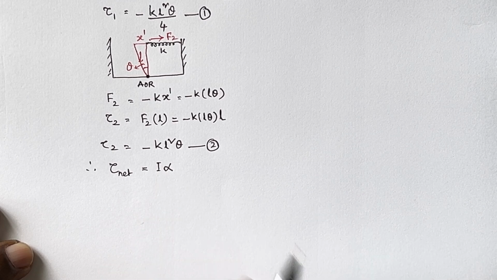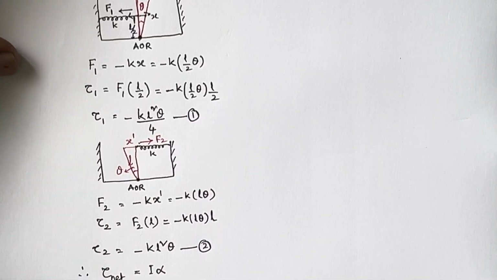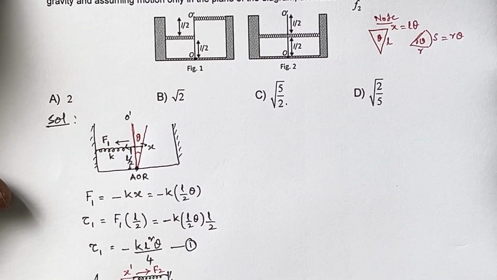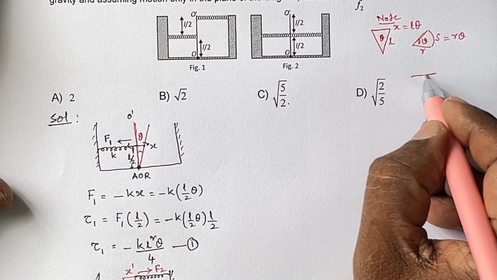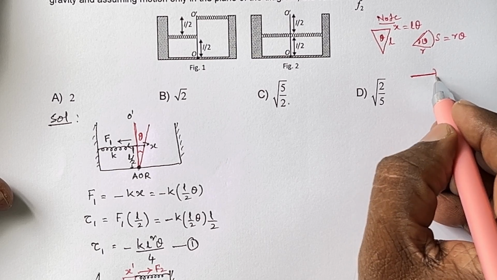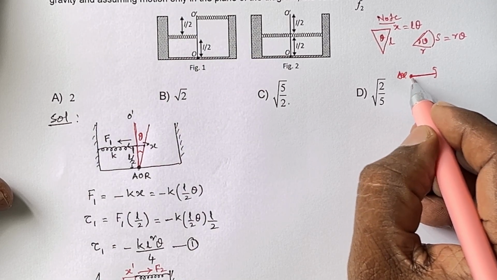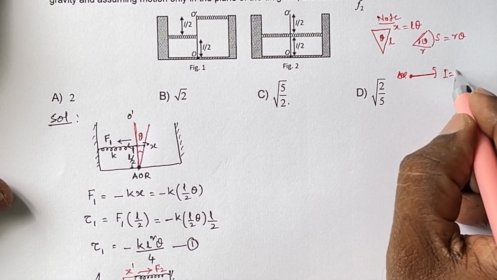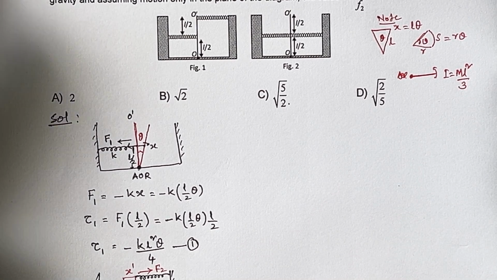Tau is equal to I alpha, this formula I am using. Here is one more formula to remember: whenever a rod is oscillating about an axis of rotation at the edge of the rod, the moment of inertia is ml square by 3. That formula I will use here.